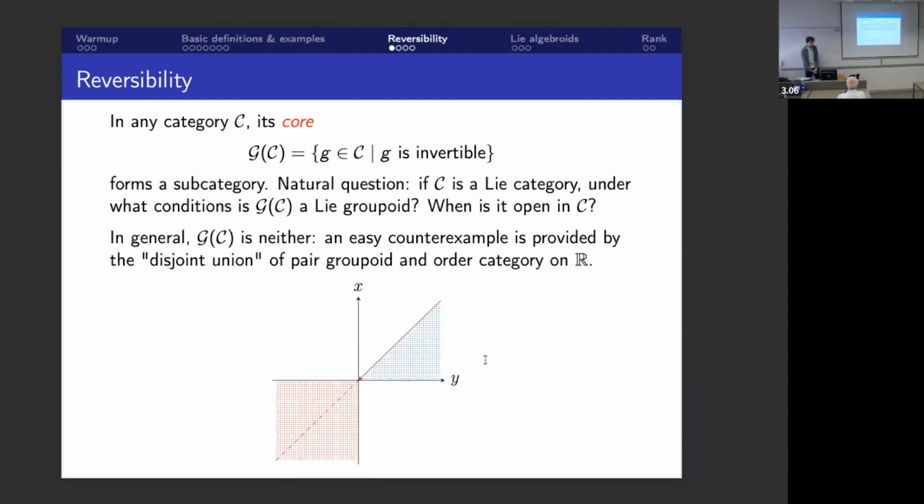You can say this example is not connected, but that's not the issue here. The issue is that we allowed the units to be contained within the interior of our set of all morphisms, and we allowed them to be contained on the boundary.